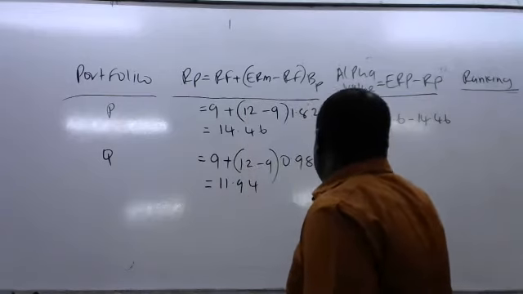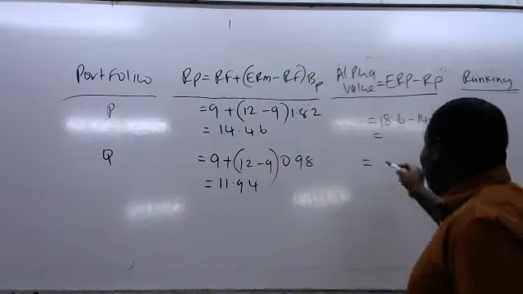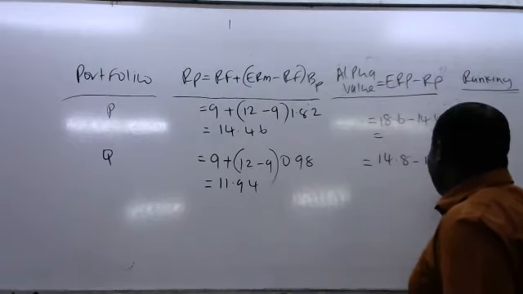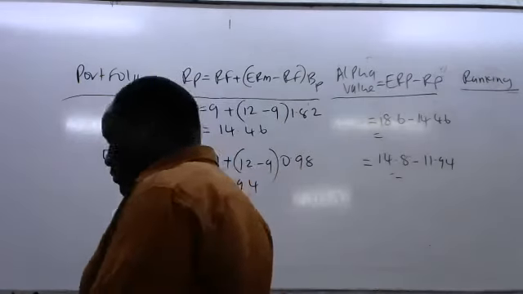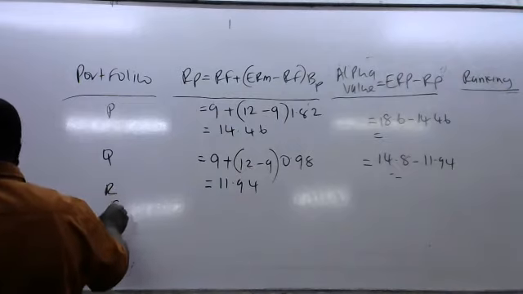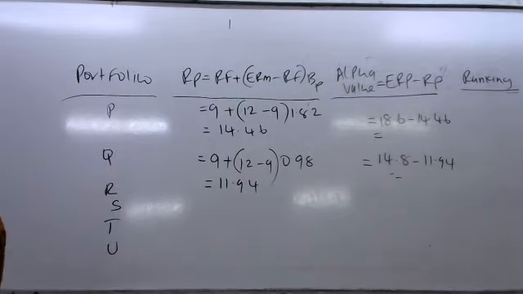Then when it comes to the expected return, it was 14.8, so 14.8 minus 11.94. You get the value for that. So you will do the same for R, S, T, and U.